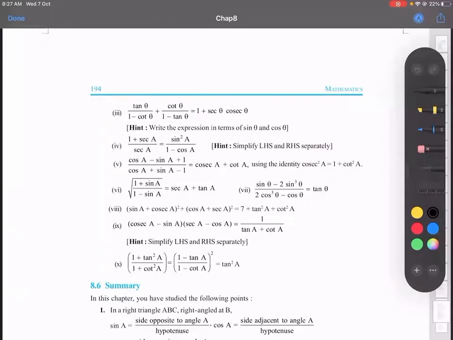So be ready for this question. (cos A minus sin A plus 1) upon (cos A plus sin A minus 1) is equal to cosec A plus cot A.